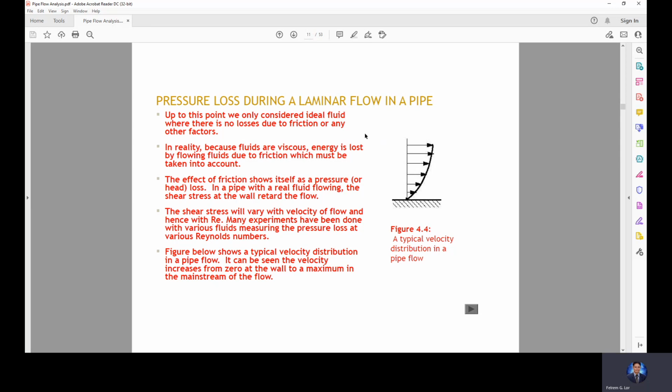Internal friction is the energy loss due to the interaction of fluid molecules. They're interacting with each other. So that is the head loss.